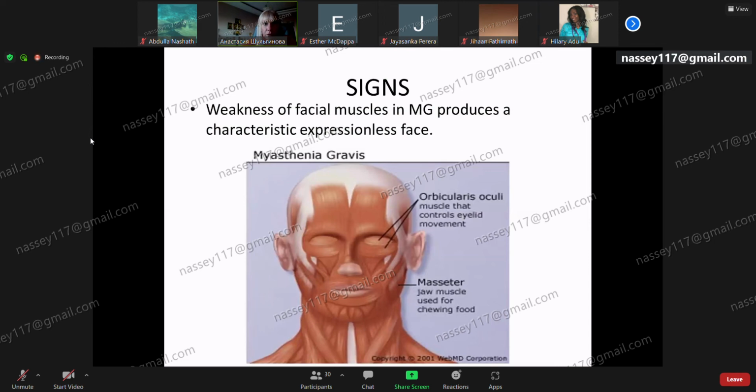Weaknesses of the facial muscle in myasthenia gravis produces a characteristic expression of the face. Now here is affection of the masseter, the jaw. This is weaknesses of the chewing and of the ocular muscle.